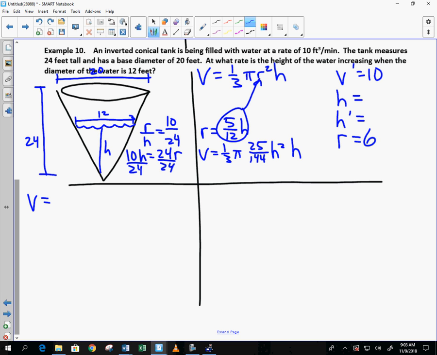Oh, it is. Okay. Good job. 25 pi over 432 times H cubed.